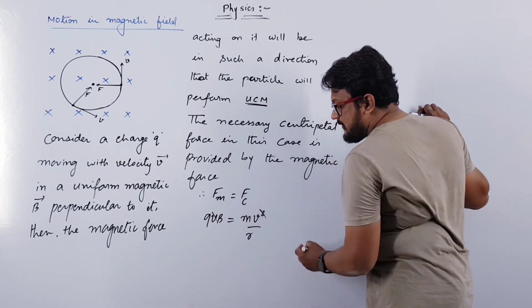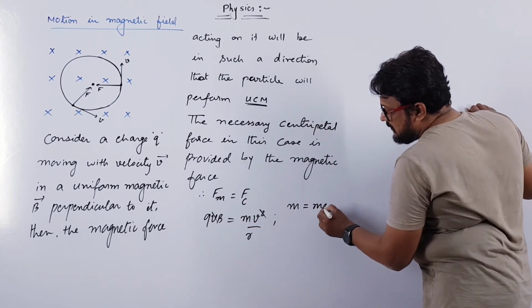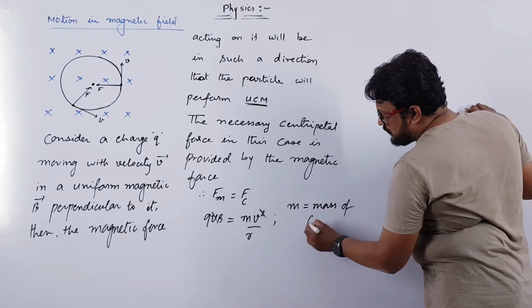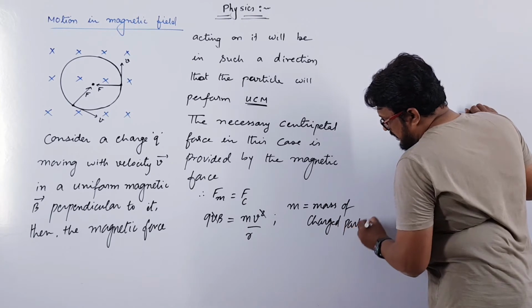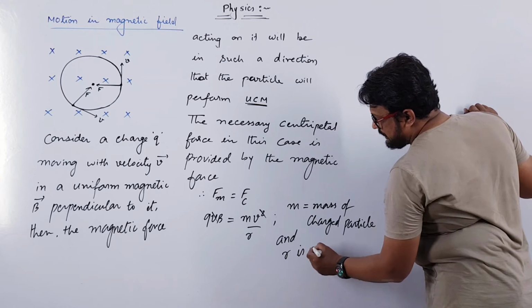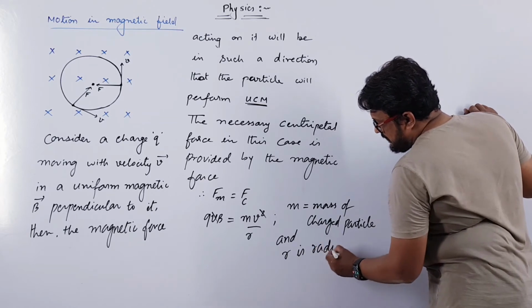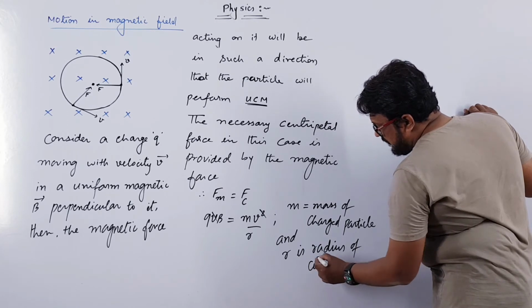where m is the mass of the charged particle, and r is the radius of the circular path.